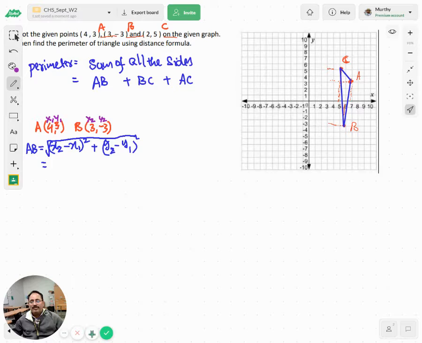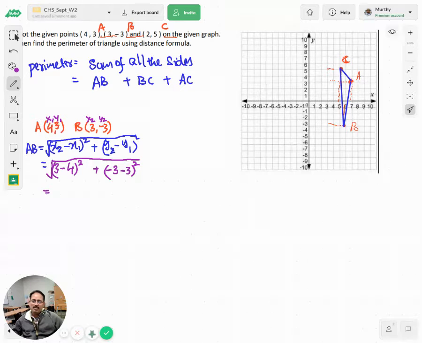So you can see that x2 is 3 and x1 is 4. So it is (3 minus 4) square plus y2 is -3, y1 is 3. Therefore, I have to take (-3 subtract 3) square, and this is all under the square root.